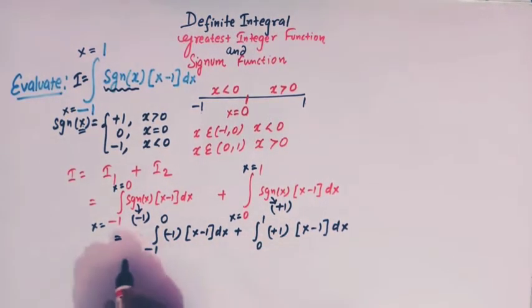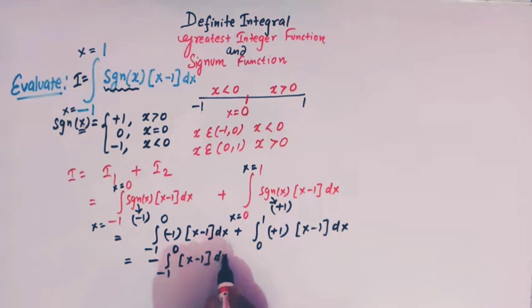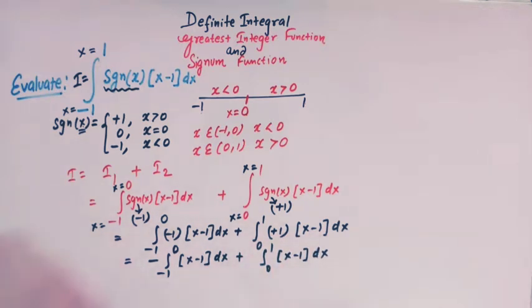These two integrals can further be written as: from -1 to 0, we take this negative sign outside the integral, and here we have greatest integer x minus 1, dx, and from 0 to 1, greatest integer x minus 1, dx.